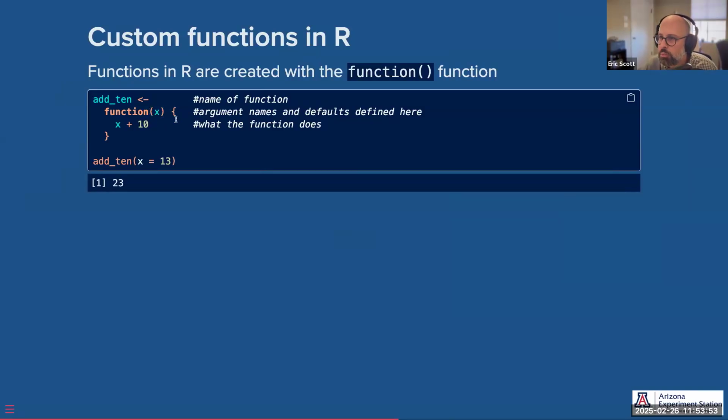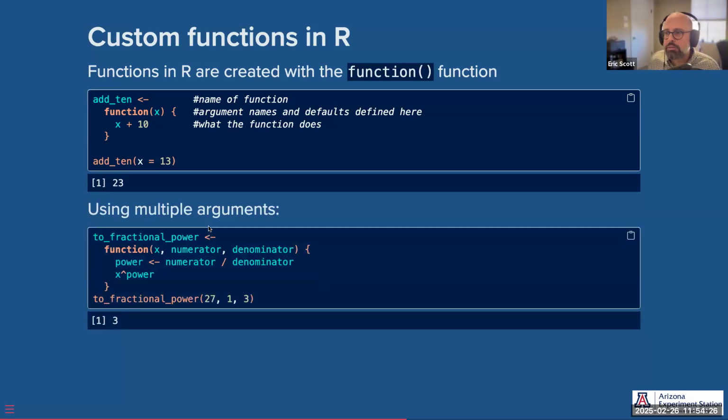Then we've got curly braces, and inside them we have code, which is whatever the function does, and we can reference the inputs to it. So x here is going to be whatever we put in to x. Once I run this code, it creates a function, and then we can do what we want with it. So add_10, we can say x equals 13, and it'll give us 23 out. It's taking the input, plugging it in, and giving us that output.